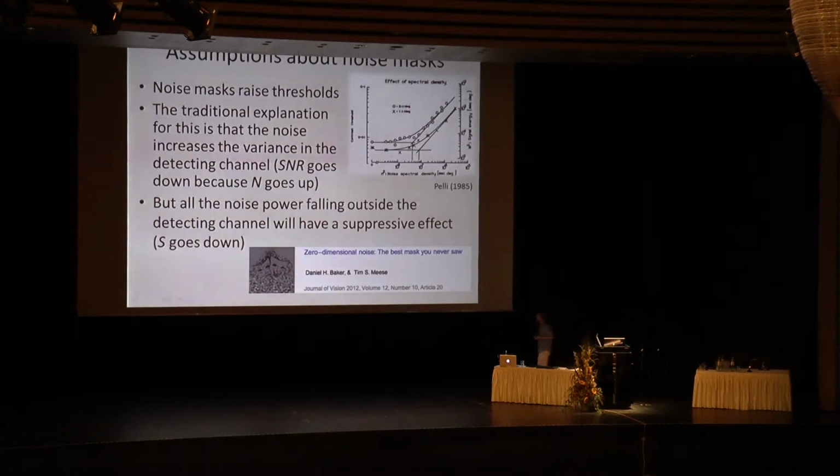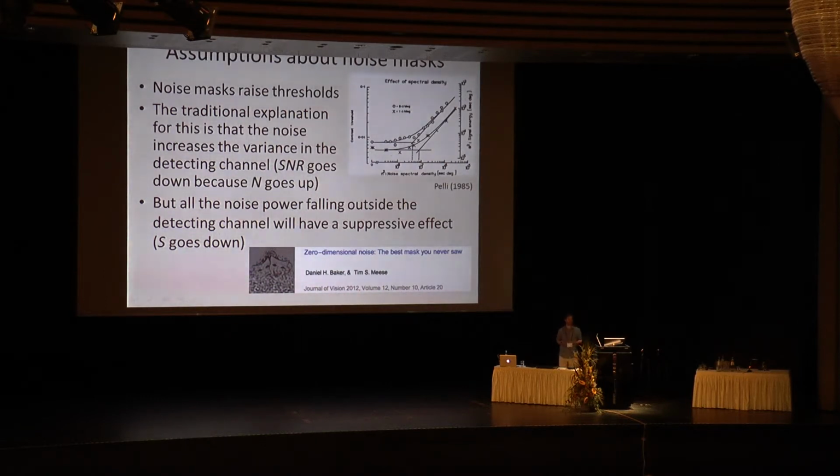Okay, so as I mentioned in my introduction back at the beginning, noise masks raise detection thresholds, and the traditional explanation for this has always been that what the noise is doing is increasing the variance in the detecting channel. So in other words, your signal to noise ratio goes down because your noise is going up.